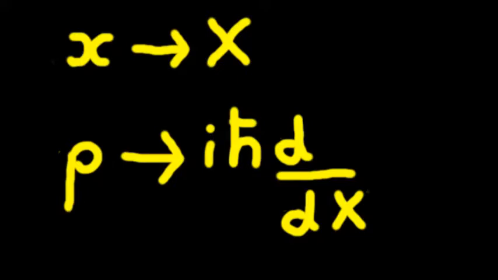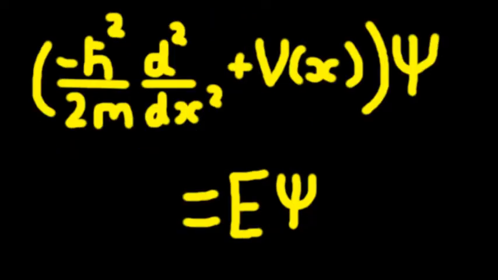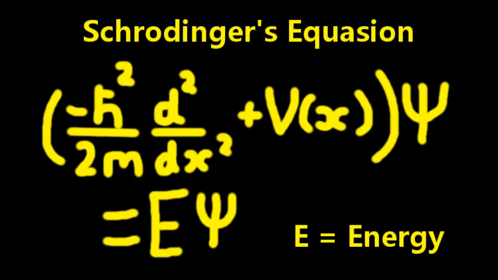And these operators are only equal to this when we are in the position representation. Putting this all together, we find the operator that acts on a wave function phi to be minus h bar squared over 2m d2 by dx squared plus the potential energy, which is a function of the operator x. This acts on the wave function phi to give you the energy times phi.